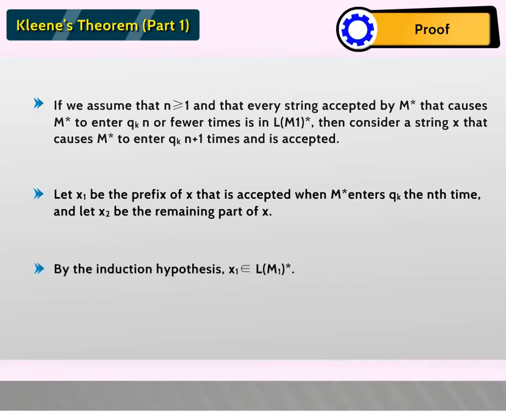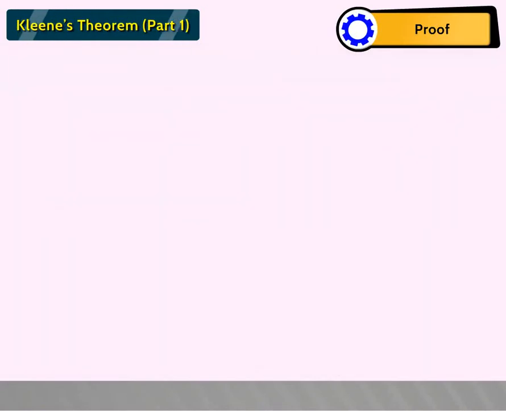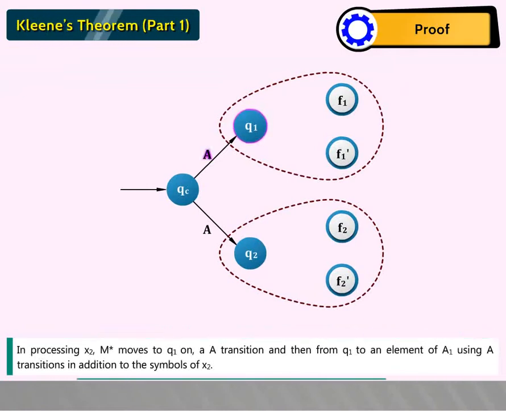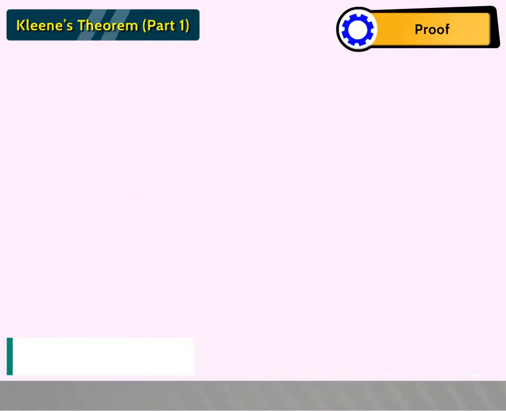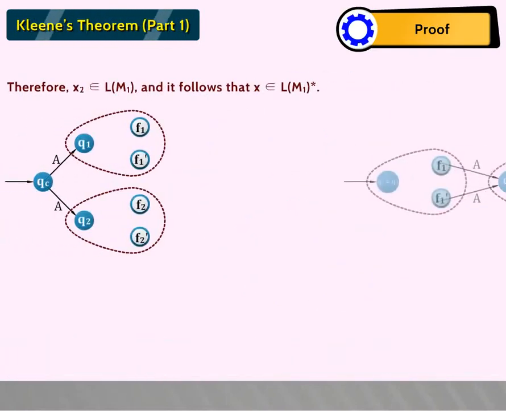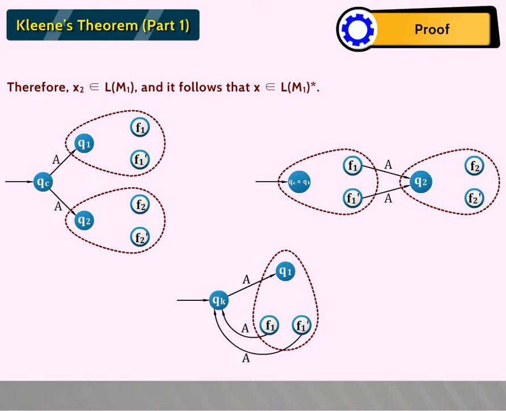By the induction hypothesis, x1 belongs to L(M1)*. In processing x2, M* moves to q1 on a Λ transition and then from q1 to an element of A1 using Λ transitions in addition to the symbols of x2. Therefore, x2 is an element of L(M1), and it follows that x is an element of L(M1)*.